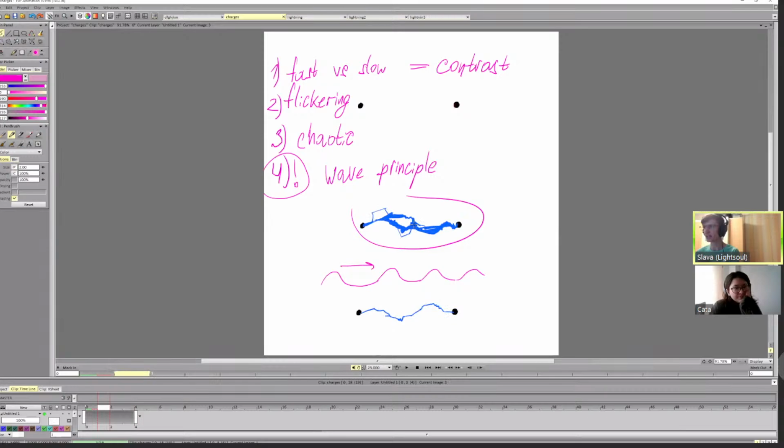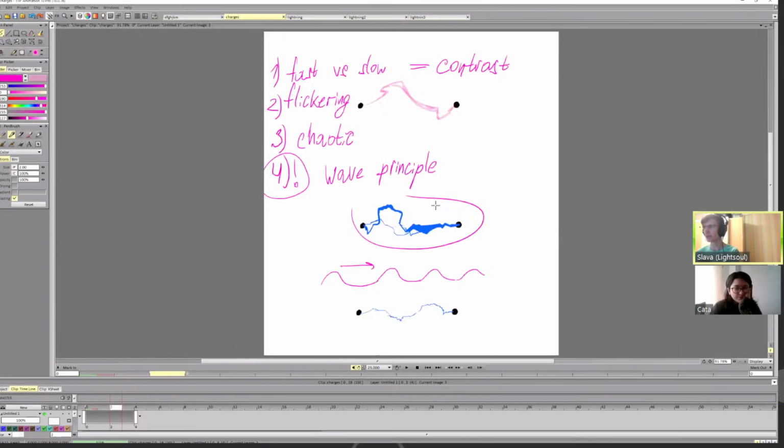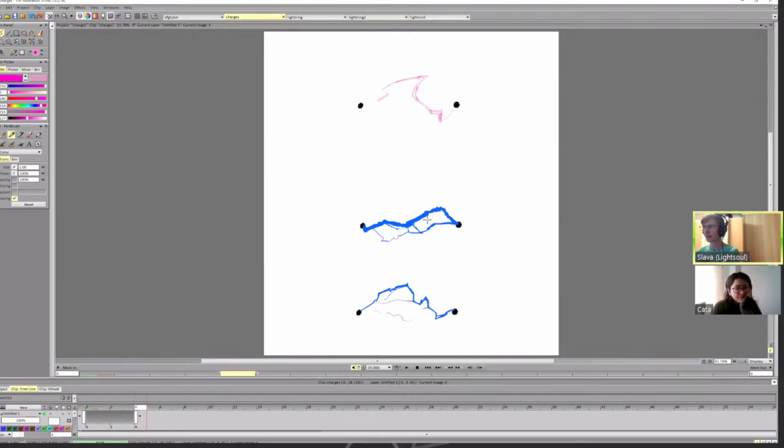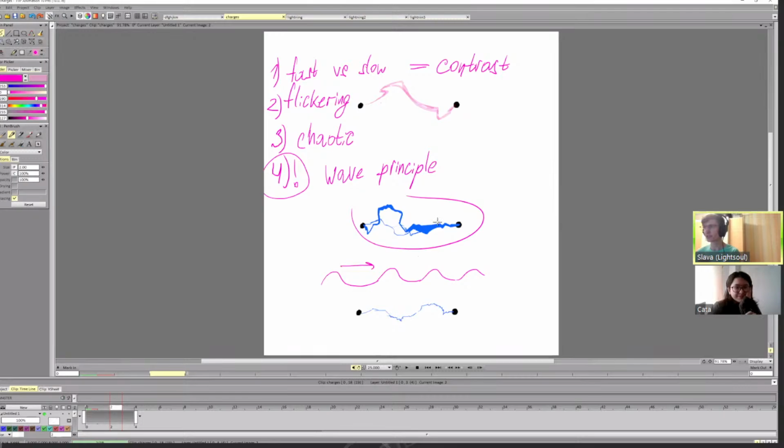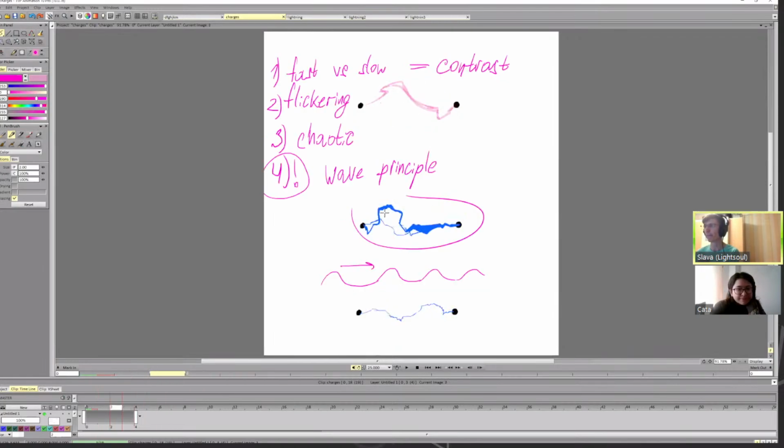And it is especially clear with more simplified examples, which we'll show a bit later. And it helps us convey the sense of directionality. So even if it is pretty chaotic, we still have the general direction of motion.